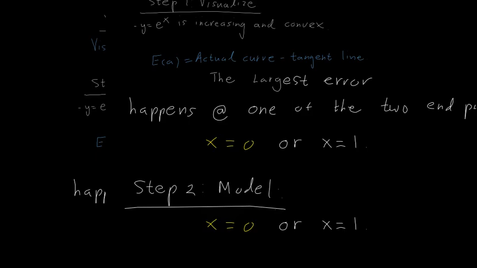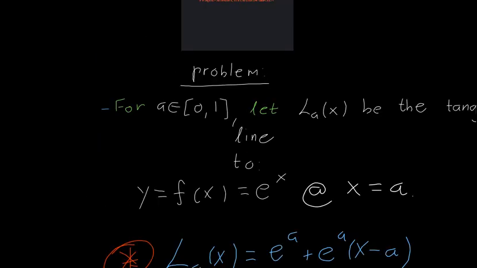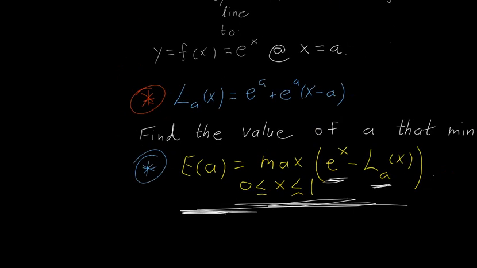All that means is we're going to try and find the biggest endpoint error as small as possible, because the question was asking, find the a value that minimizes the error function.